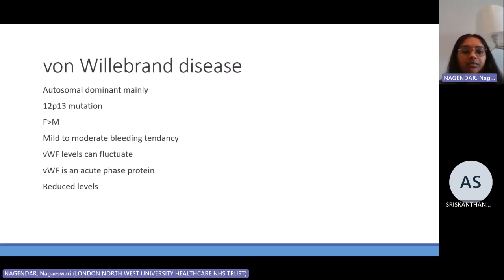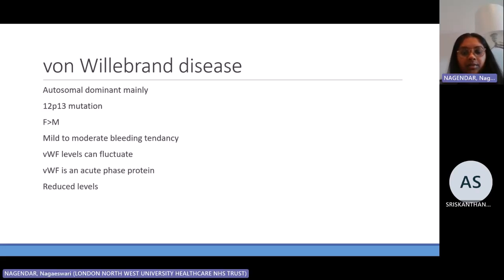Okay, von Willebrand factor is an acute phase protein. What that means is it can increase with stress, estrogens, pregnancy, malignancy, thyrotoxicosis. It's similar to other acute phase proteins such as ferritin. Now, the levels of this factor can fluctuate in the blood because of the variations in stress, for example.